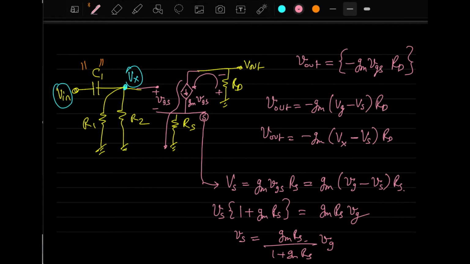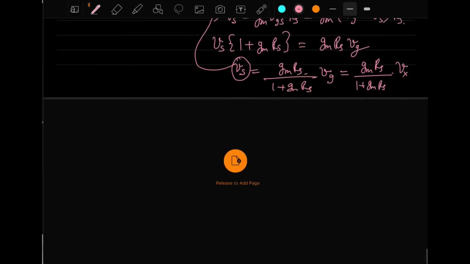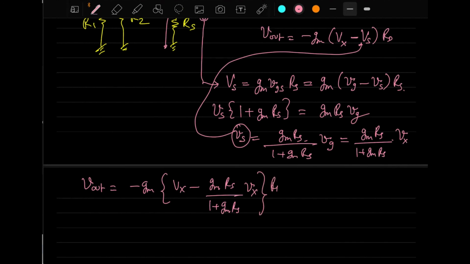times Vg. So now what is Vg? Vg is nothing but Vx. So you can write it as gm Rs over 1 plus gm Rs times Vx. Now you can substitute this value here, and what you get is V out equal to minus gm Vx minus gm Rs over 1 plus gm Rs times Vx times Rd.